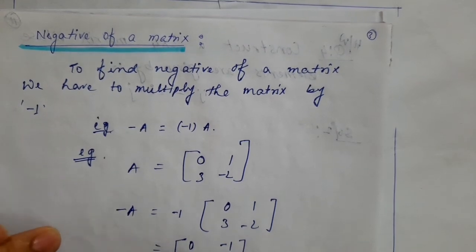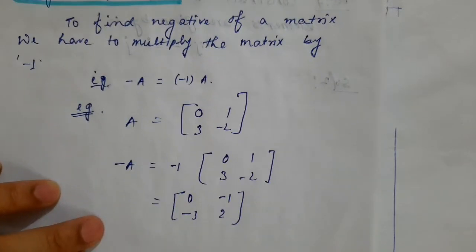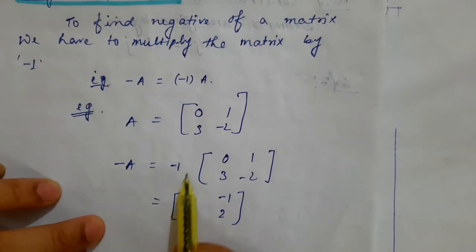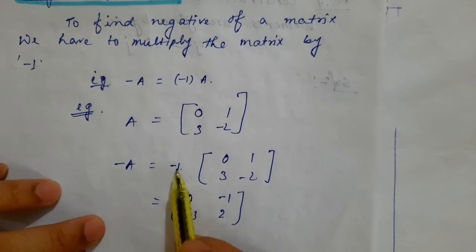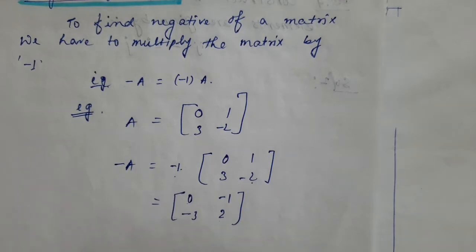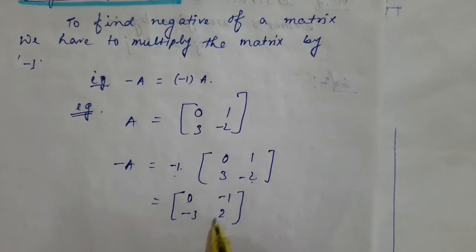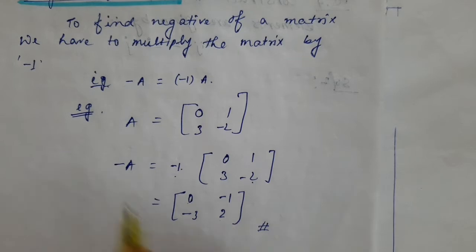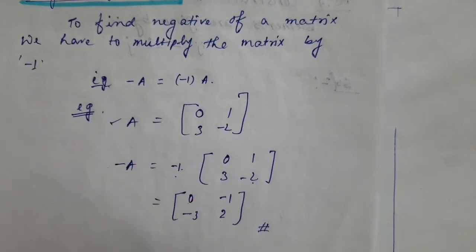This is the negative of matrix A. Minus times plus gives minus, so it is the required negative of this matrix A.